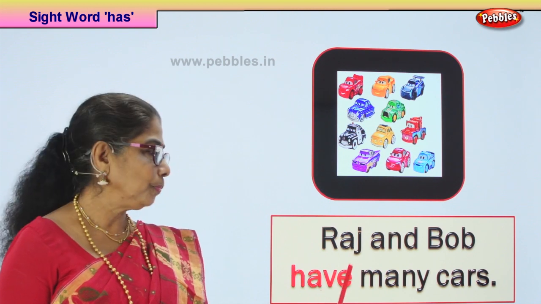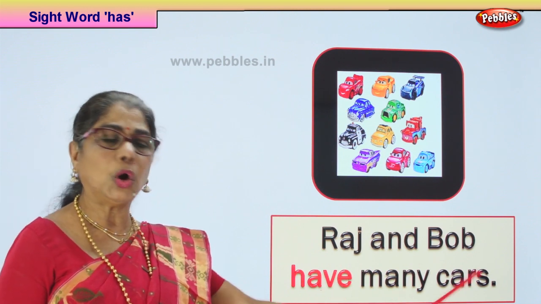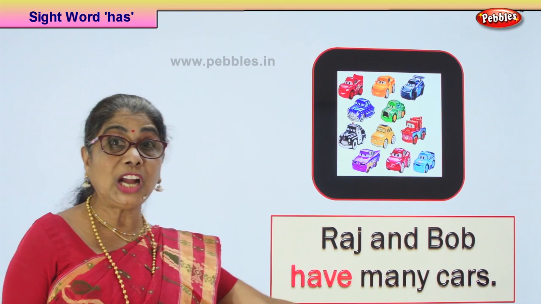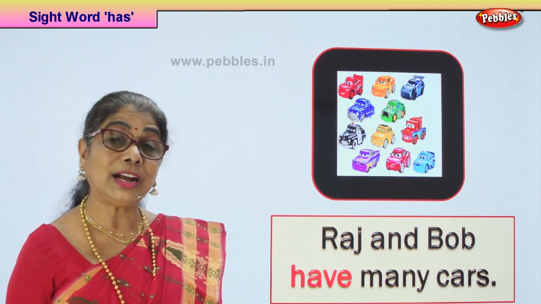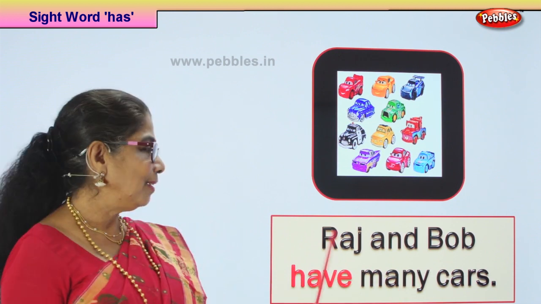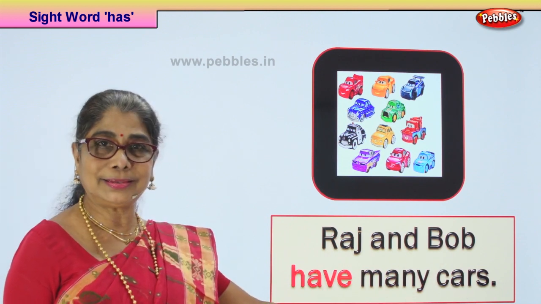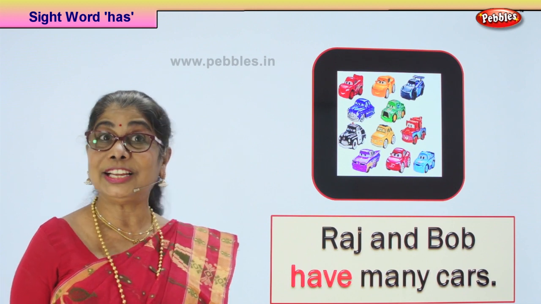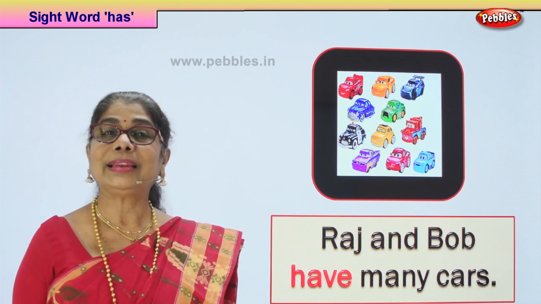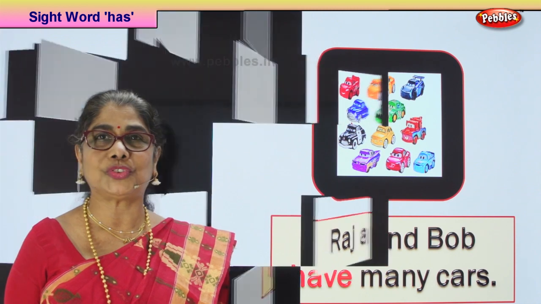Let's read. Raj and Bob have many cars. What kind of cars? Toy cars. Raj and Bob have many cars. Many toy cars. Good. Let's take a new picture.